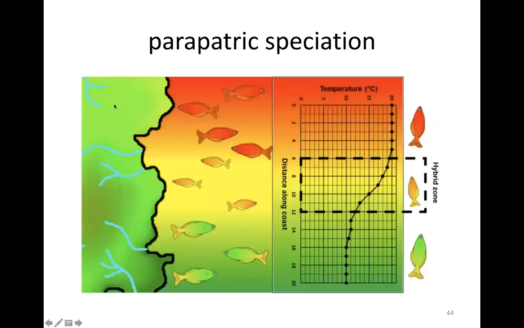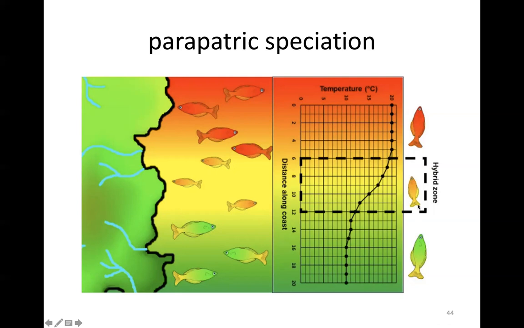So take this case, we have a coast and temperature varies along the coast. There are two extremes and then a gradient in between. And then you might have adaptations specific to the cold environment and to the warm environment, and then hybrids appearing by mating between these two groups.